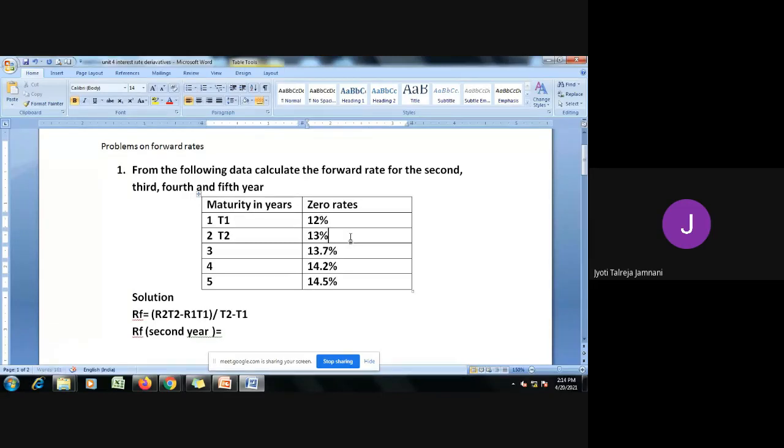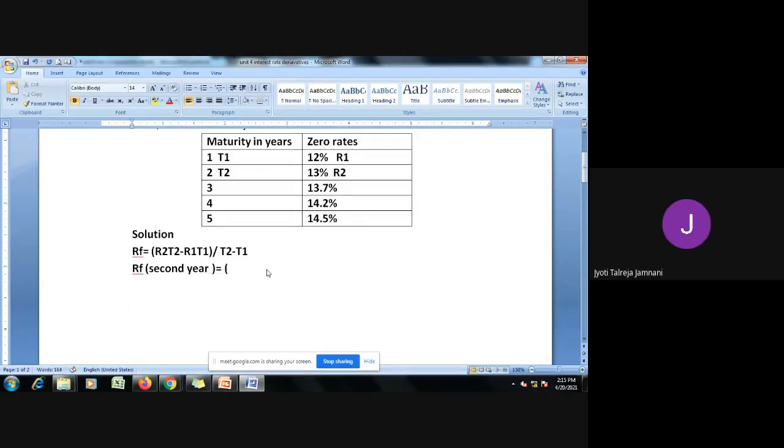So this will become rate 2 and this will become rate 1. Are you getting the logic? We are doing it for the second year. So the second year is time 2, the previous year is time 1. And the second year rate is rate 2 and the previous year rate is rate 1. Is that fine?